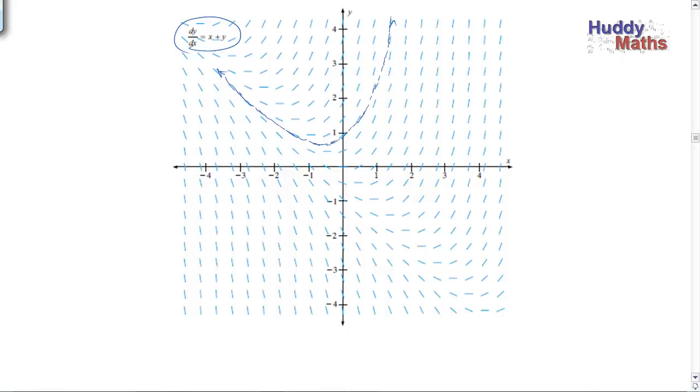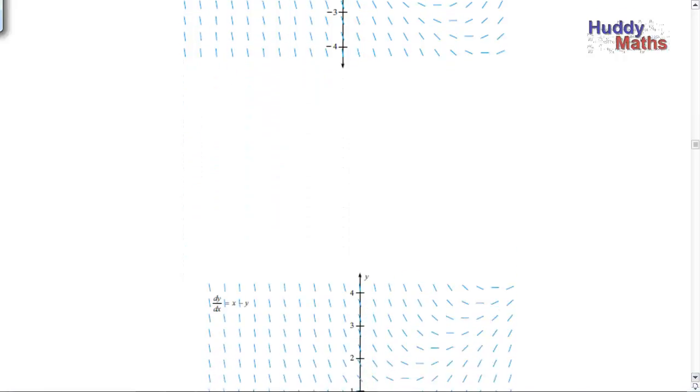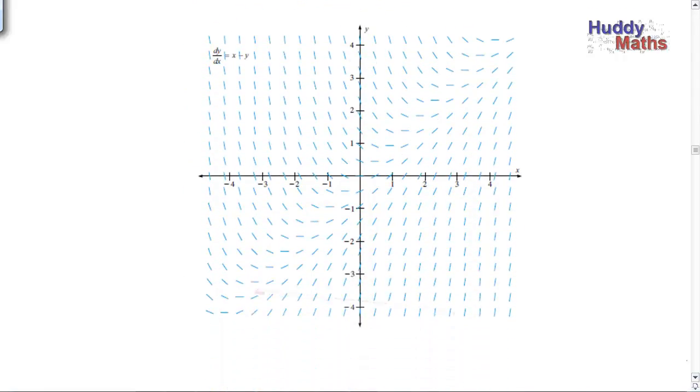All right, let's do another one. Here's our slope field expression, or our differential equation describing the behaviour of the tangents. Remember, dy by dx is the slope of the tangent, and these tangents all follow this pattern. So let's look at the graphical solution. Shall we go down to something like -1/2?